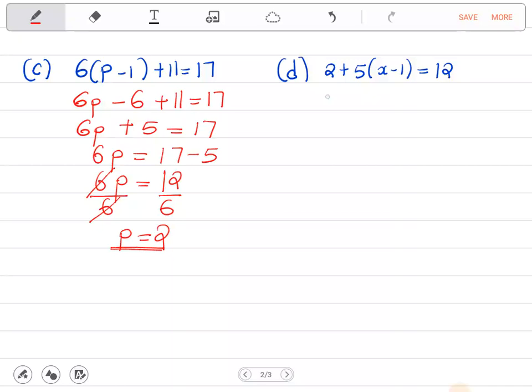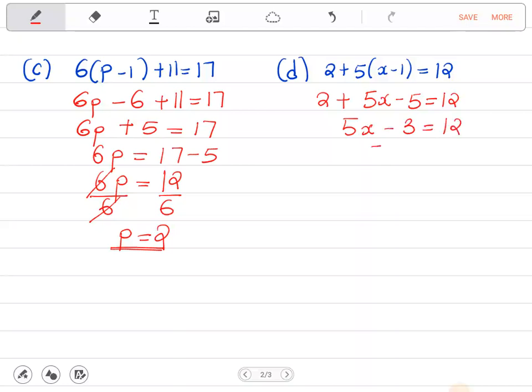Let's look at the other one. So 2 is okay. 5 times x, we get 5x minus what? 5, giving us what? 12. This 5 and this 2 can be subtracted because they are different terms. And because 5 is greater than 2, our answer is going to get a negative sign. So we're going to have 5x minus 3 equal to 12.